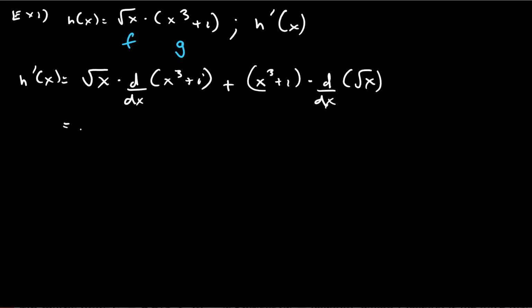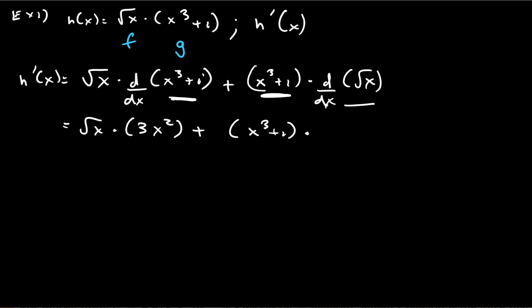Continuing, we have the square root of x multiplied by the derivative of x cubed plus 1. This term here is just 3x squared, plus the second term, which is x cubed plus 1, multiplied by the derivative of the square root of x, which is just 1 over 2 root x.